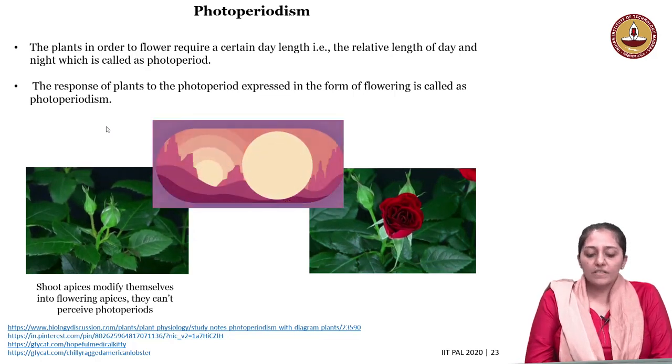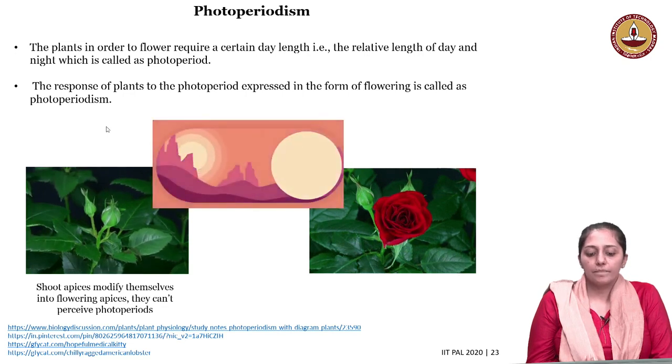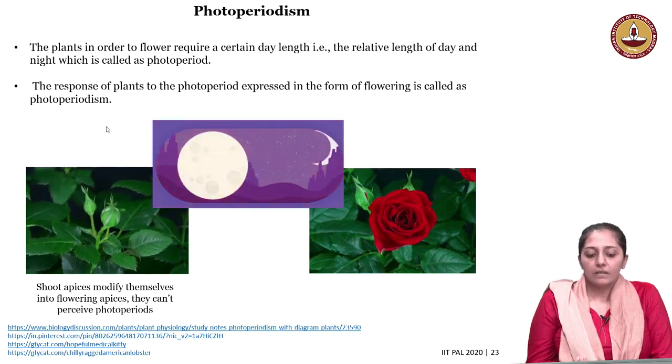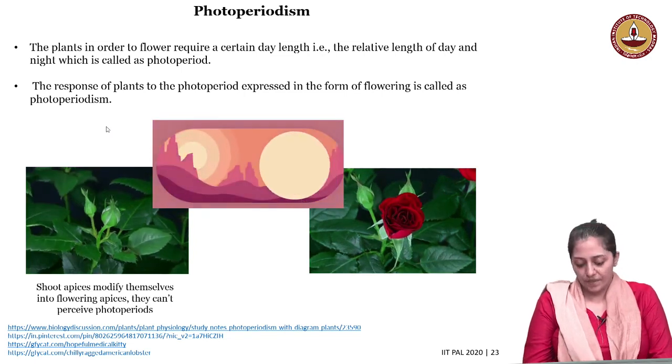The shoot apices will modify themselves into flowering apices, but they cannot perceive photoperiods.